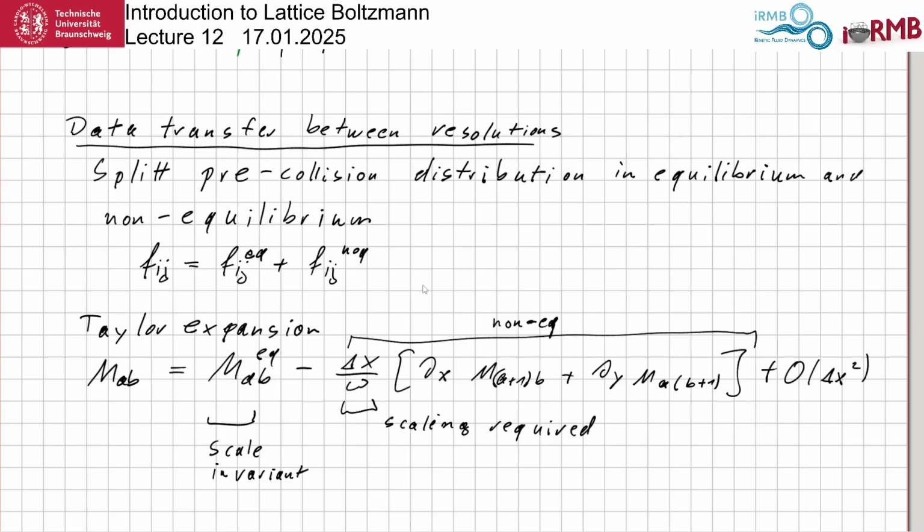You could simply interpolate this equilibrium part, then you are interpolating a second order polynomial, or you could actually interpolate the velocities and recalculate the equilibrium. So what would you think is more accurate? Or what would be the difference?